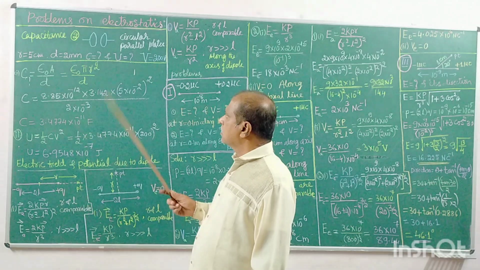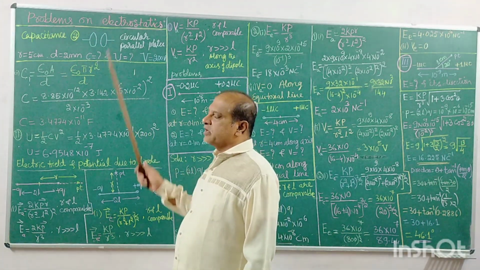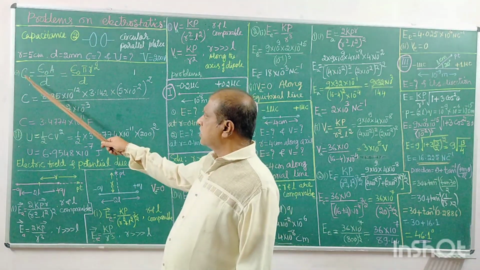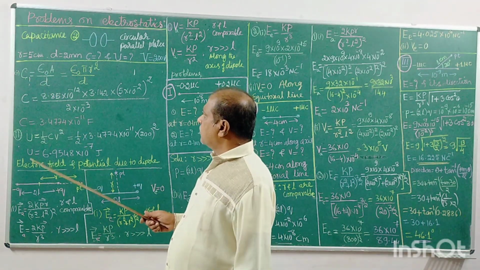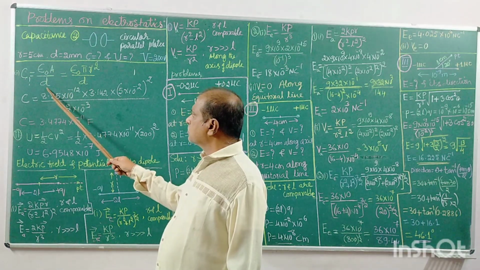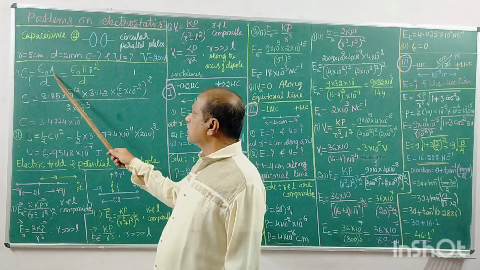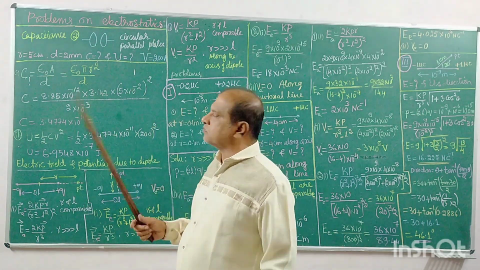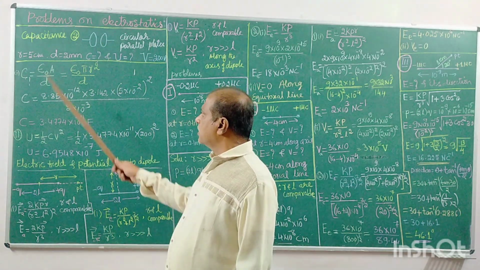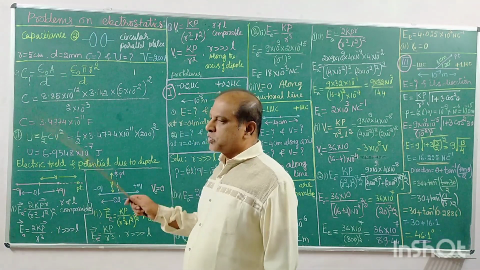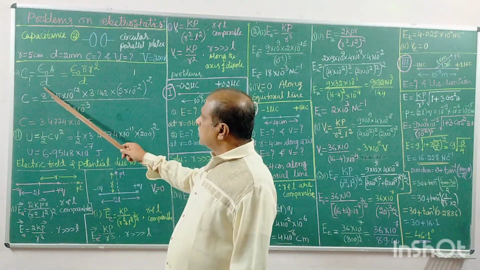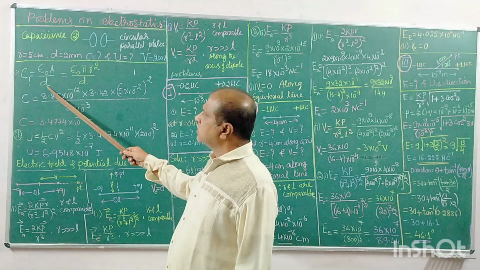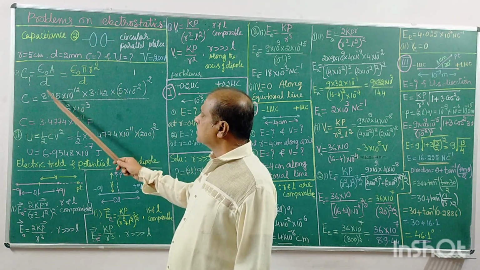Now recall this: the capacitance of any capacitor is a function of these three parameters. That is the area of the surface facing each other, to which it is directly proportional. It is also a function of the distance of separation between the plates, to which it is inversely related.